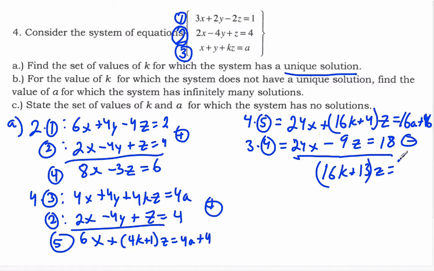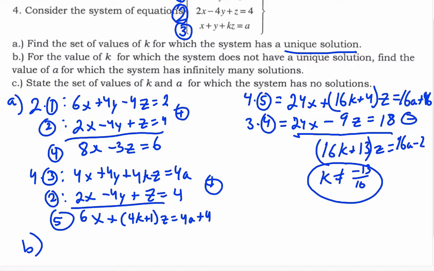Subtract, you're going to get 16a minus 2. Okay, so when you get down to this part, remember if this is 0 times z and this is a non-zero number, then you get inconsistent systems. So basically, any k not equal to negative 13 out of 16 would give you a unique solution.